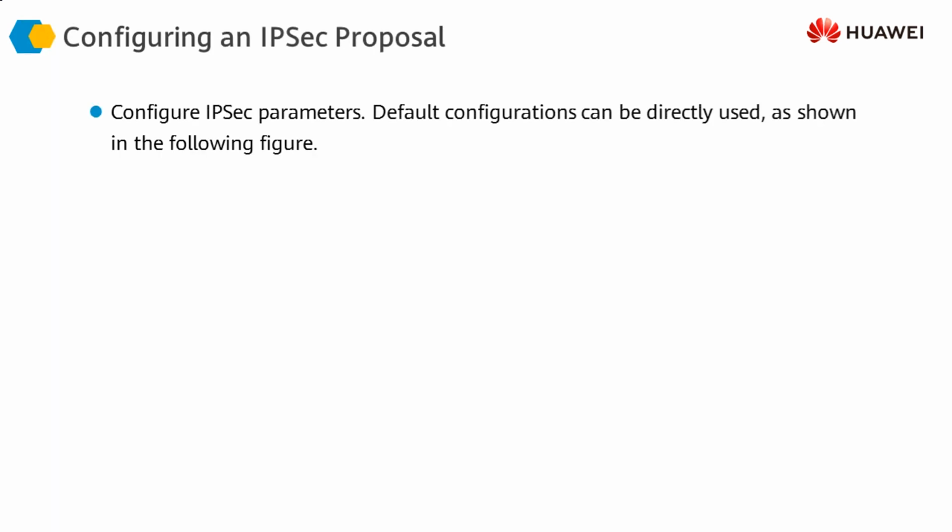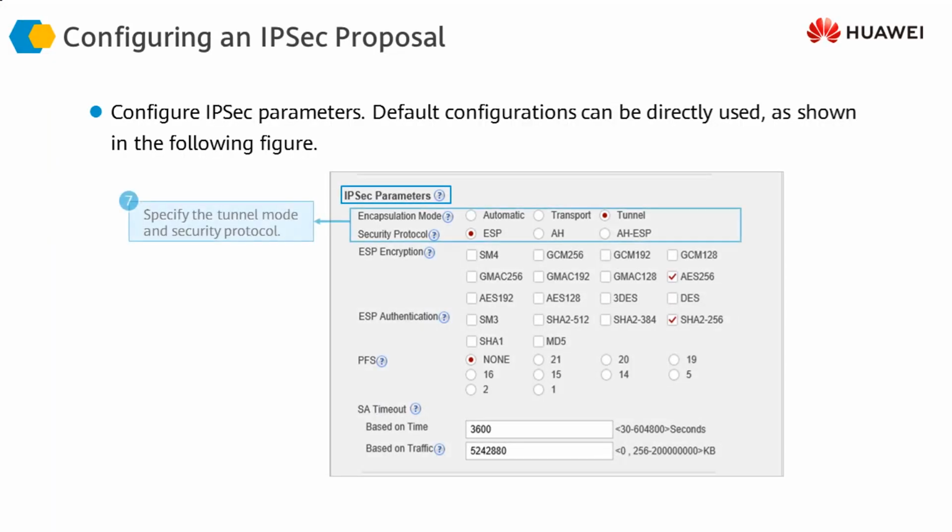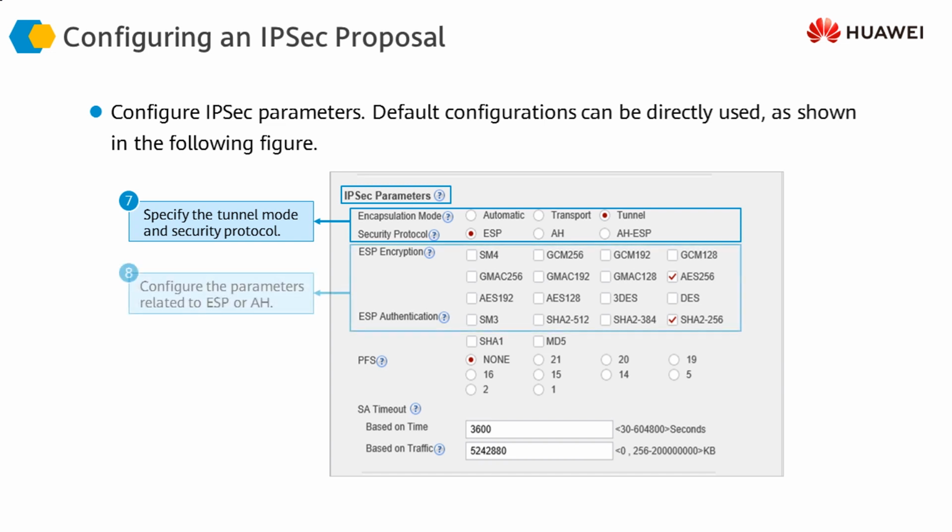Once this is done, then we need to specify the IPsec parameters. For IPsec parameters, the encapsulation mode is going to be tunnel. We are not going to use the transport mode. It's a communication between two gateways, so tunnel mode should be used. The security protocol that we are going to use is ESP. We are not using AH, and we are not using AH plus ESP. We are only using ESP here.